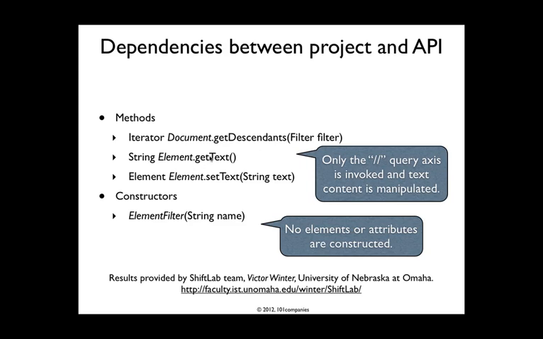And we also see that we have used the methods getText and setText to manipulate the text of salary elements. And further, we see that we only use the constructor for one specific type here, ElementFilter, which is the type to construct the filter for queries. So we don't construct elements and attributes, which means we clearly see from this that we face a usage profile such that we only query, and perhaps as far as setText is concerned, mutate XML trees, but we do not construct them.